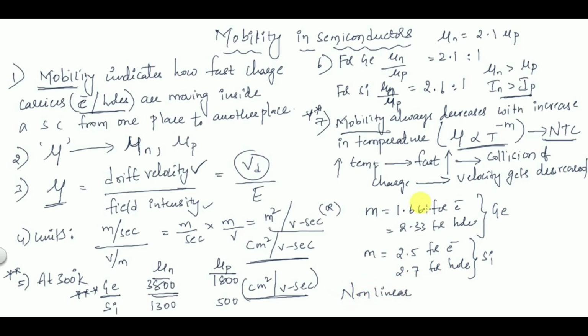So mobility will have a non-linear variation with respect to temperature, and it will have negative temperature coefficient. That is, as temperature increases, mobility decreases. Okay, so these are the important points which you have to remember regarding mobility in semiconductors.